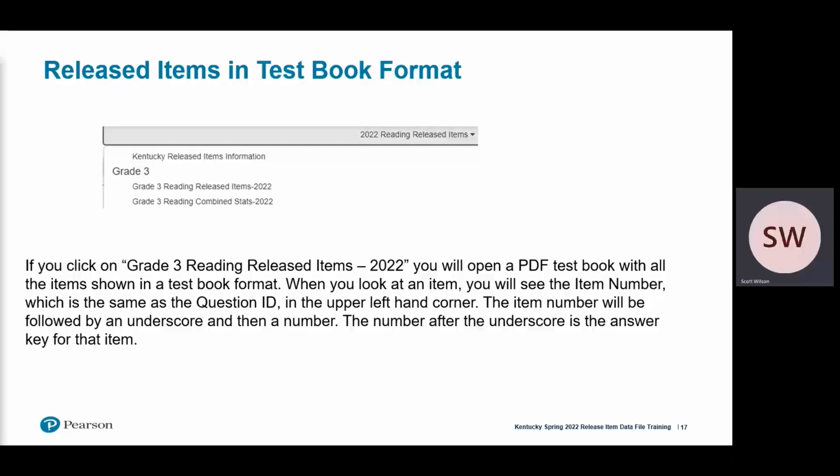Again, this is that correlation to help you take the data from the data files and connect it to the actual items. So that question ID will be in the upper left-hand corner of the item. The item number will be followed with an underscore and then another number. The number after the underscore is the answer key for that item.